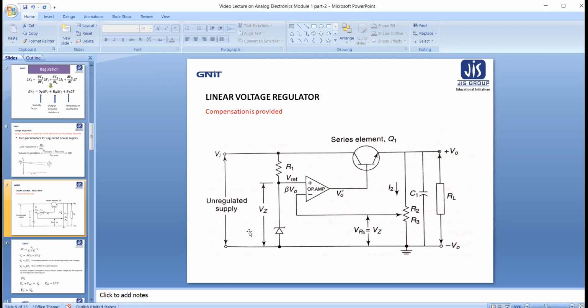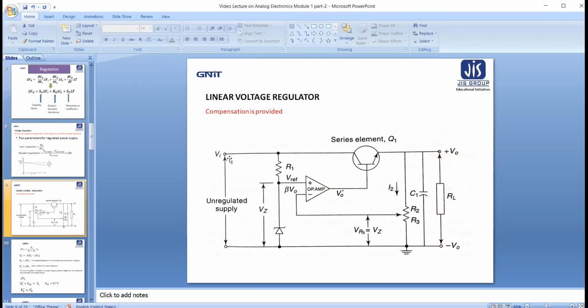If we look into the circuit diagram, we see that the output from the rectifier and the filter, especially the filter, because we have already discussed the filter, comes to the transistor which is in series with the load resistance. Please see that the transistor is in series with the load resistance because its emitter is connected to the load resistance. So what will happen?